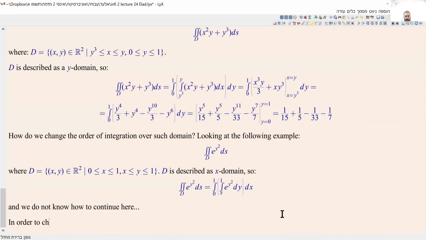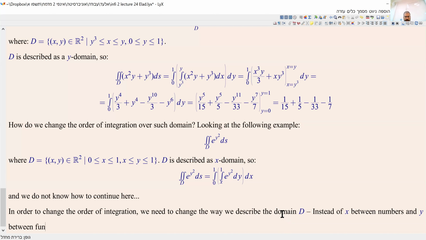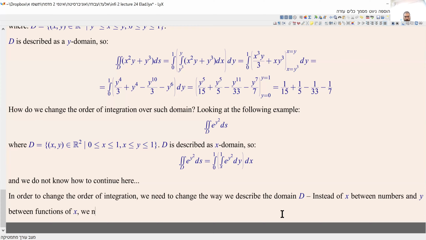In order to change the order of integration, we need to change the way we describe the domain D. Instead of x between numbers and y between functions of x, we need x to be between functions of y, where one of them can be a constant, and y to be between numbers.